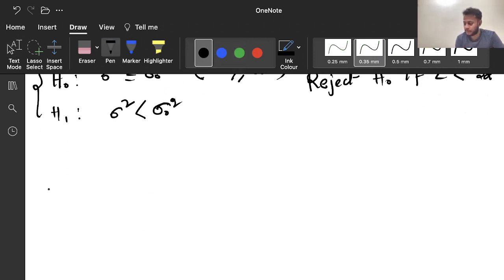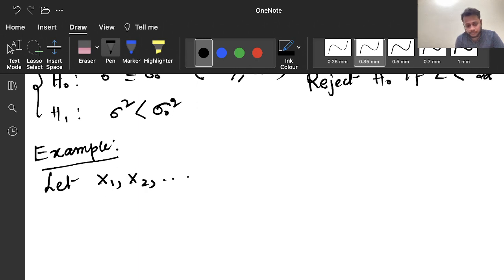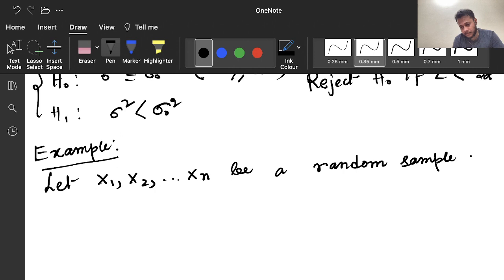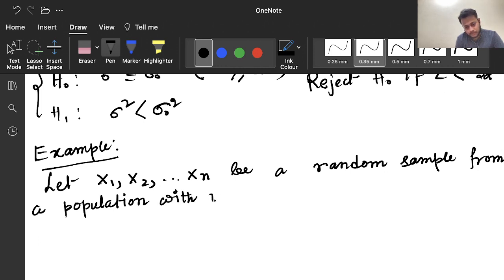Example: let x1, x2, ..., xn be a random sample from a population with variance sigma square.